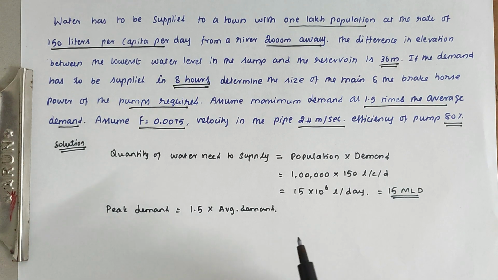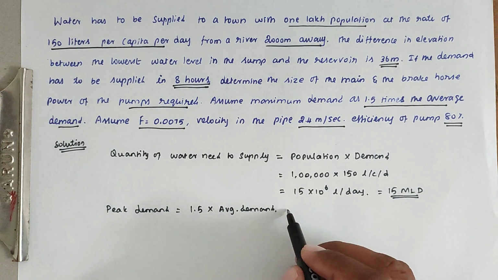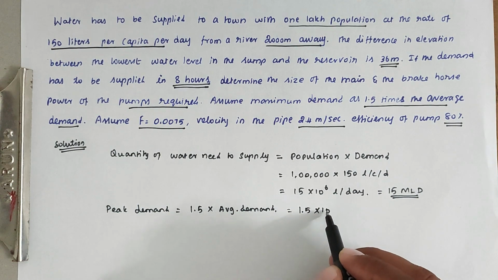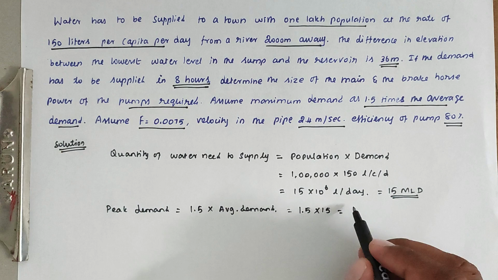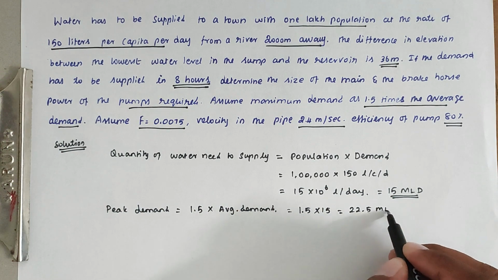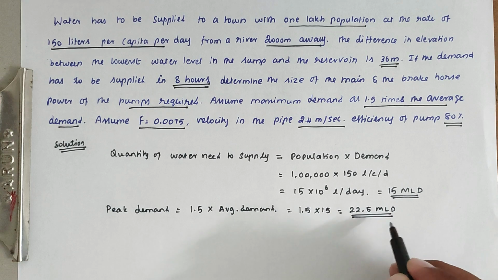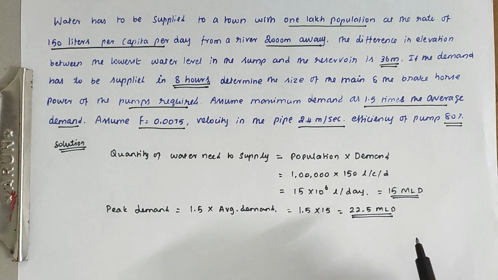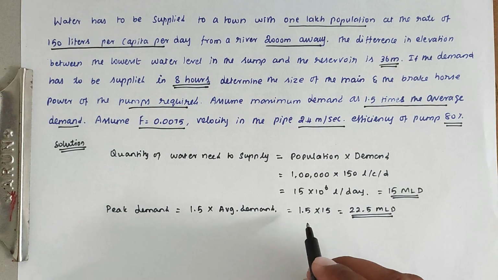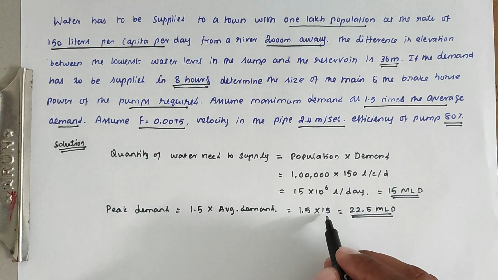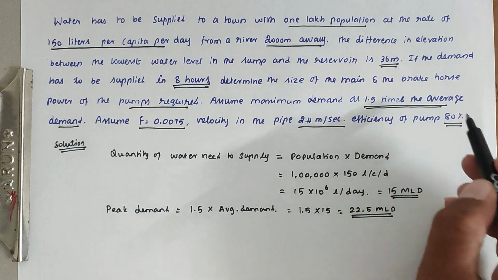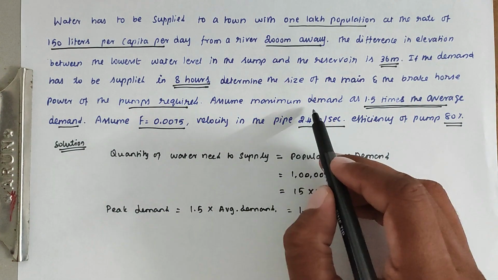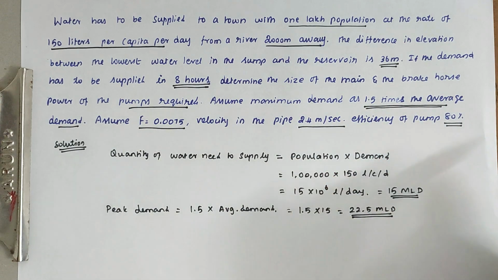So if on any one day the maximum amount of water is consumed, we take 1.5 into 15, and we get 22.5 million liters per day. We have to design for the maximum amount of water required per day, which is why we multiply 1.5 into 15. That is also given in the problem itself.